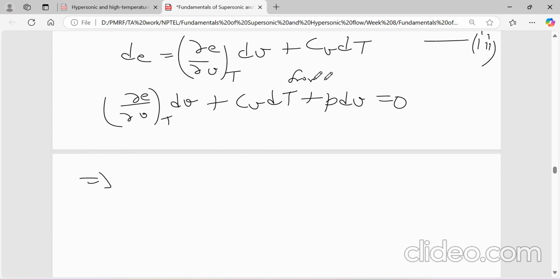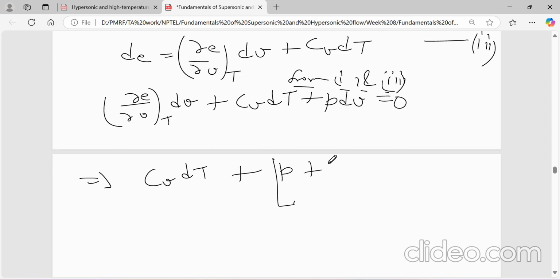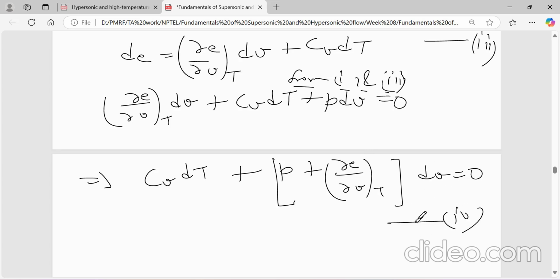This is from 1 and 3. The dV terms we can take together, so it becomes Cv dT plus P plus dou E by dou V at constant temperature, times dV, equals 0. That's my equation 4.